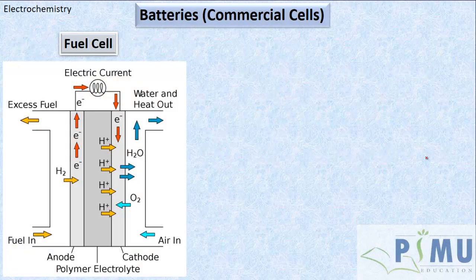Now let us study about fuel cells. In recent years, the scientists have designed the cells which convert chemical energy of a fuel directly into electrical energy. Such cells are called fuel cells.